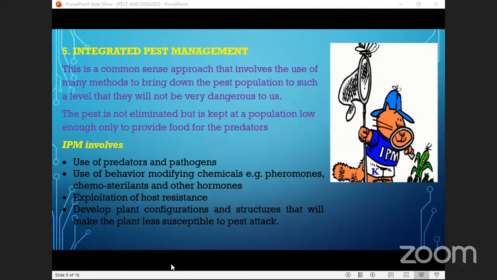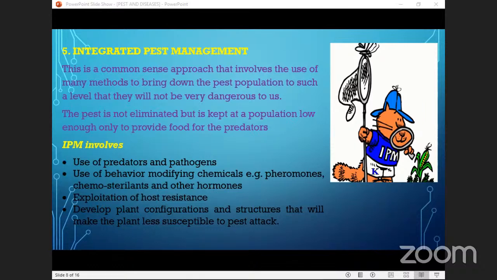IPM involves use of predators and pathogens. Predators are organisms which have the ability to feed on other organisms for survival. We have been using the example of grasshopper and chicken, ducks and snails. Pathogens, we have bacteria, fungi and viruses.